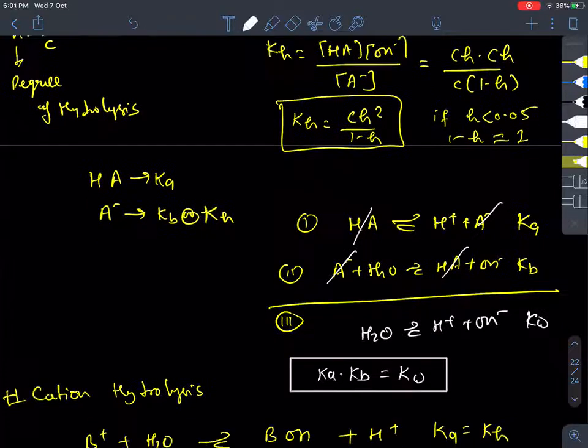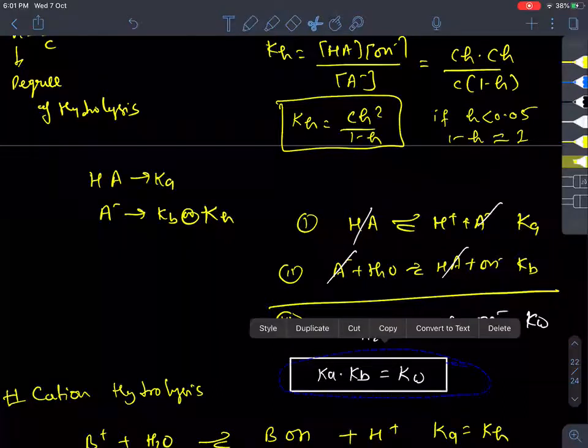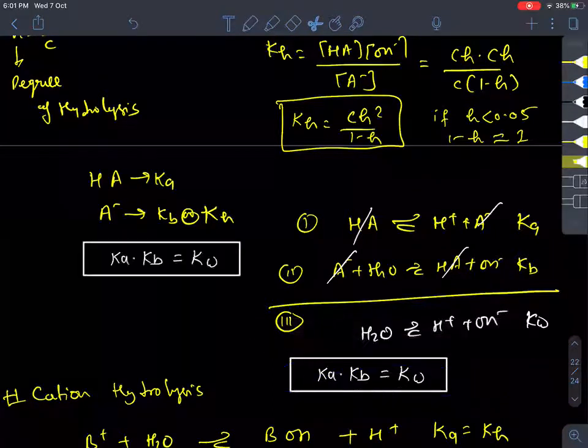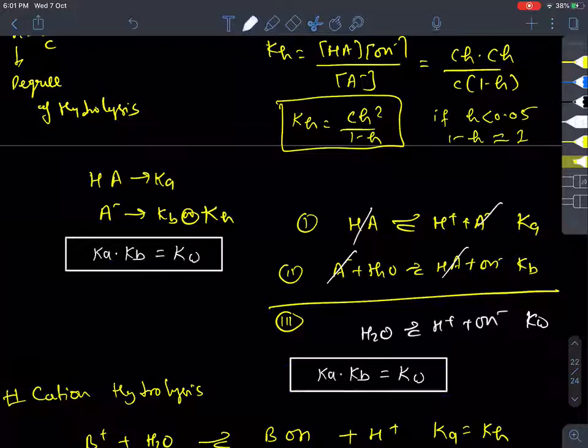But at the same time, you are supposed to understand that Ka and Kb are the acid and base dissociation or hydrolysis constants for the conjugate acid-base pair.